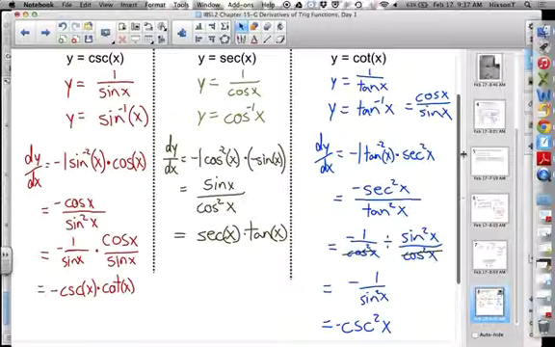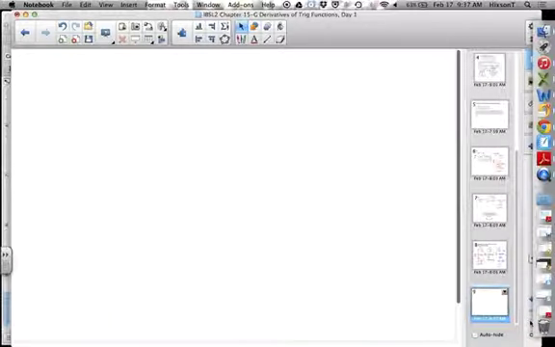Cotangent is negative cosecant squared. So that's one thing that can help you make these a little easier to remember. Anything that starts with co, the derivative is negative. And there are similarities with the reciprocals. So to summarize everything here, let's write all of these out.